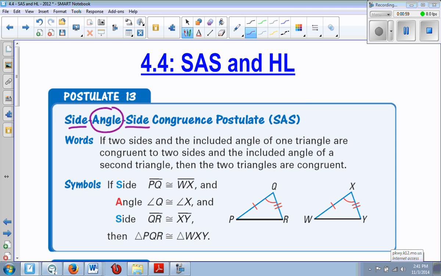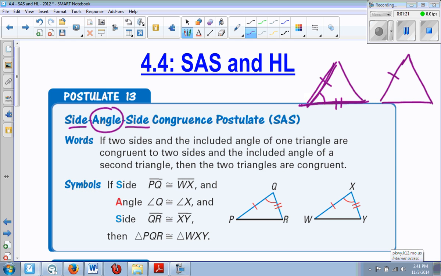So for example, my 2 triangles I'm drawing here on the right-hand side, if I label one side there and one side there, and then this angle in the bottom left corner, that would be called an included angle, because that angle is formed by the 2 side lengths that are marked congruent.